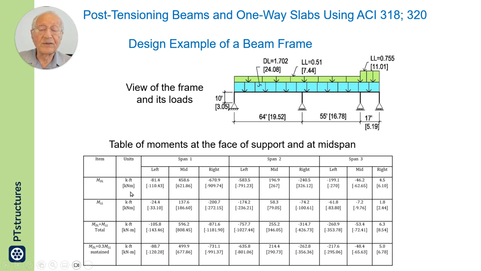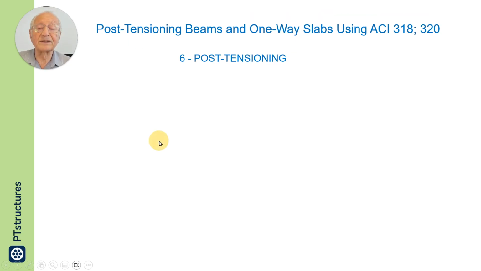For each of the spans, span 1, span 2, span 3, the moment due to dead load, moment due to live load, and dead and live together, and the calculation of stresses due to dead and live. I tabulate it here.